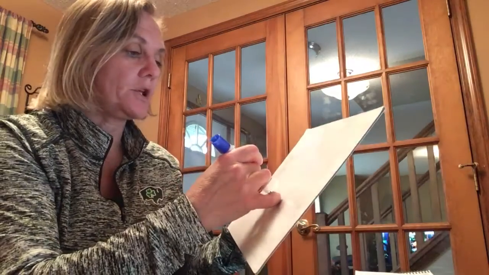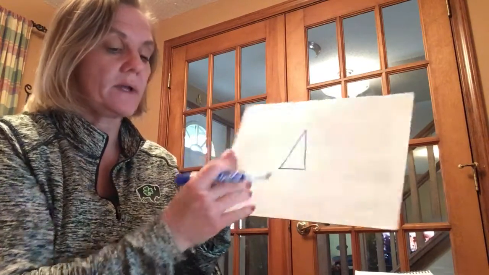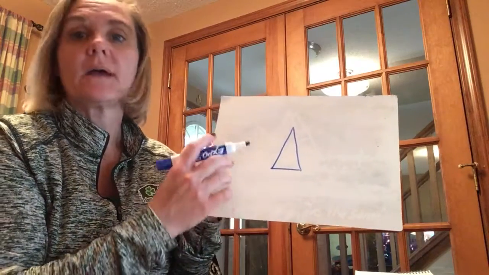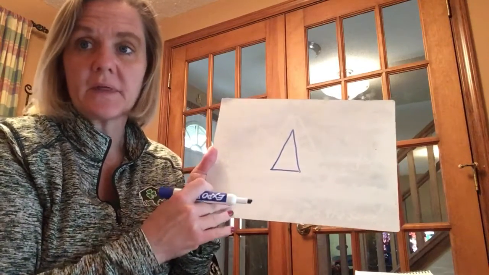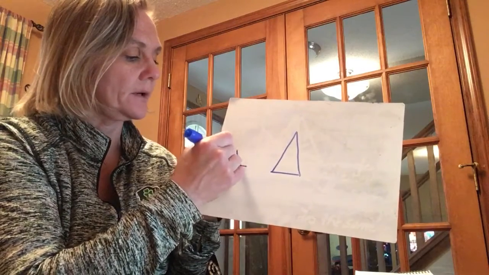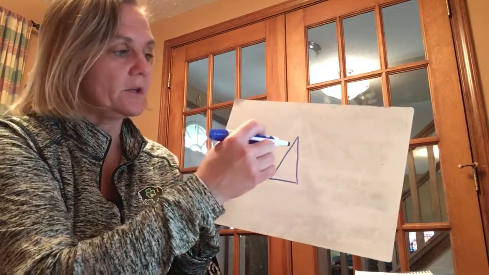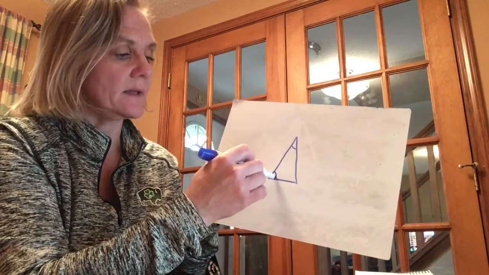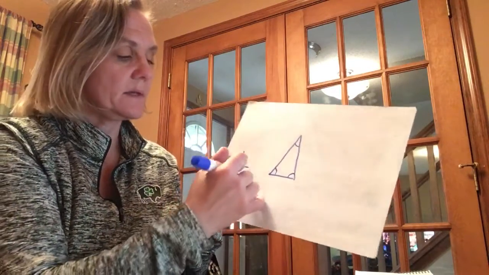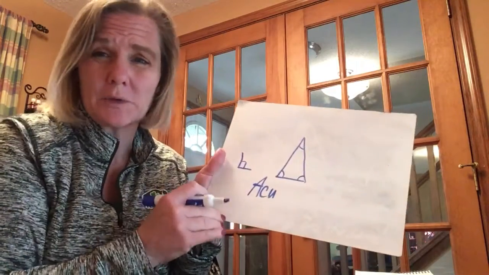Then you have your acute, which means you're going to have angles that are smaller than the 90 degree. Remember, the 90 degree is that hard corner. And if you don't see that hard corner in here and they look small like this, the angles look small, this means it's an acute. It's so cute. It's a cute little triangle. Remember acute?